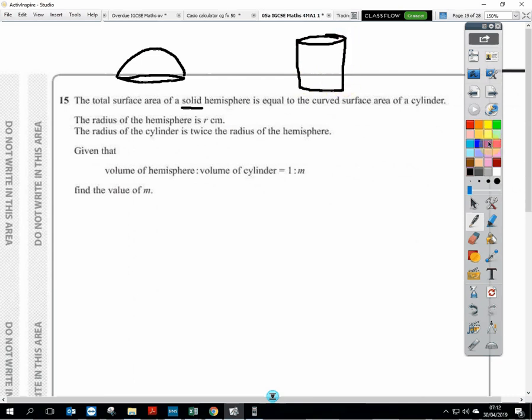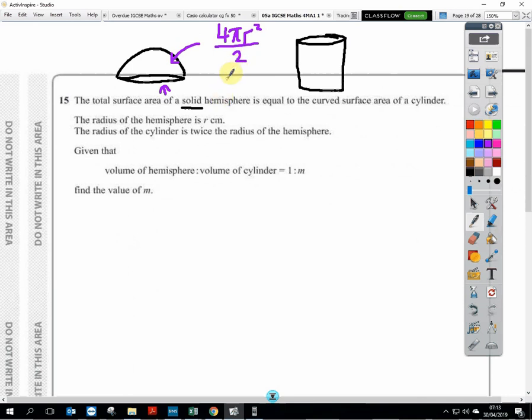Okay, so the total surface area of a solid hemisphere. Now this word solid is very important because we have the dome part to consider plus the circle at the bottom. Now the formula for the surface area of a sphere is 4 pi r squared, but this is a hemisphere, so we're going to half that.